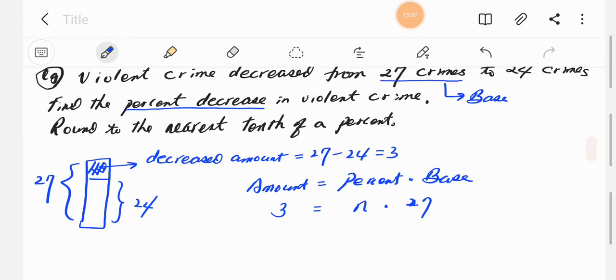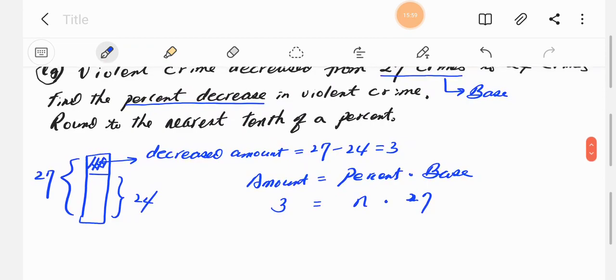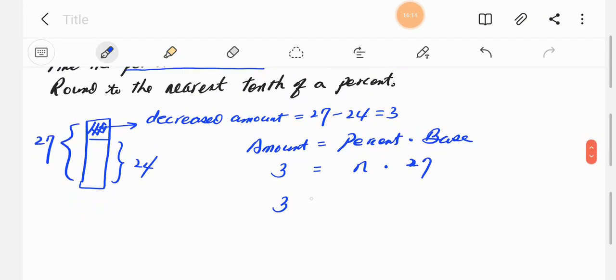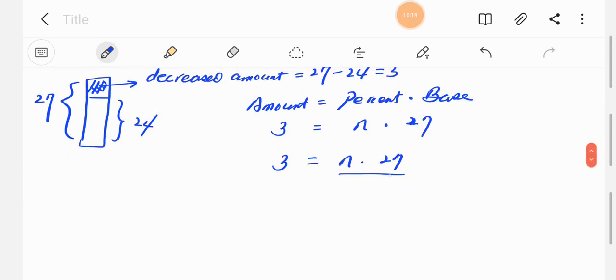All right. Can you see it? So 27 became 24. So how much decreased? 3. 3 crimes decreased. So 3 is the amount that you got from the base, X percent of the base. All right, then let's find X. So divide each side by 27.